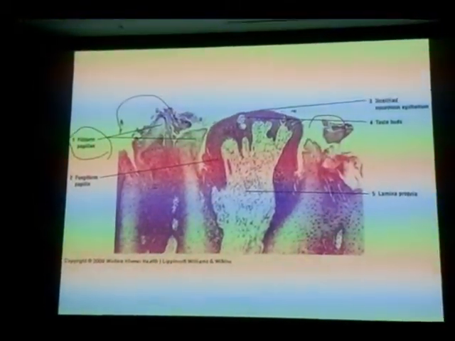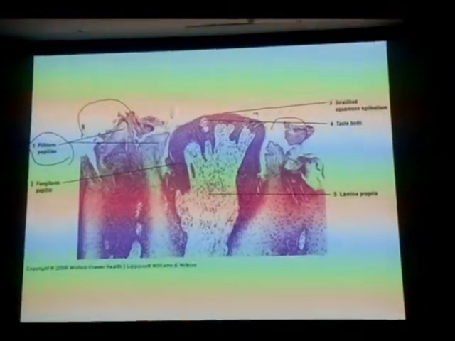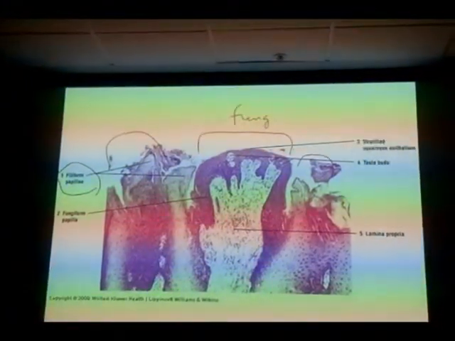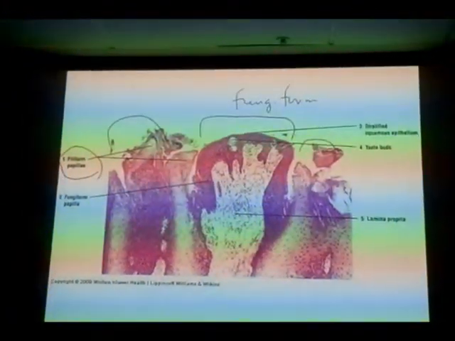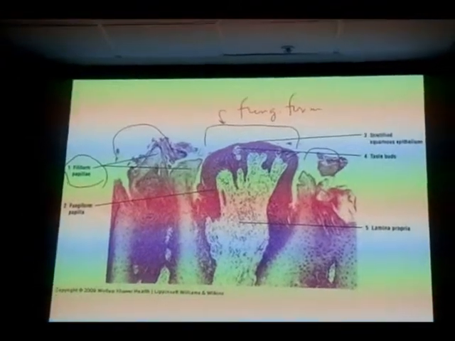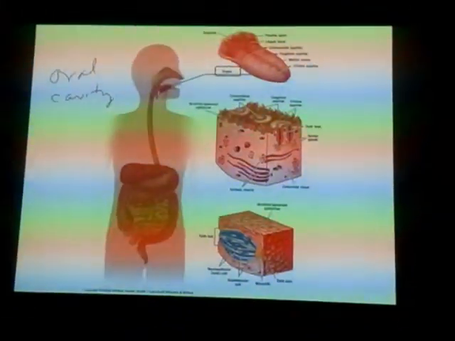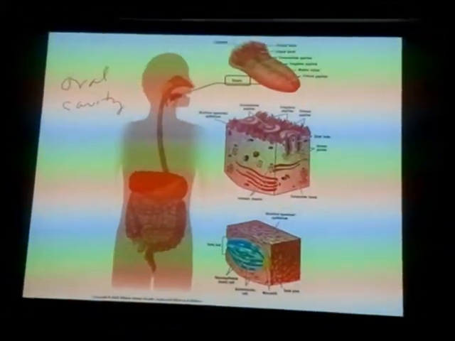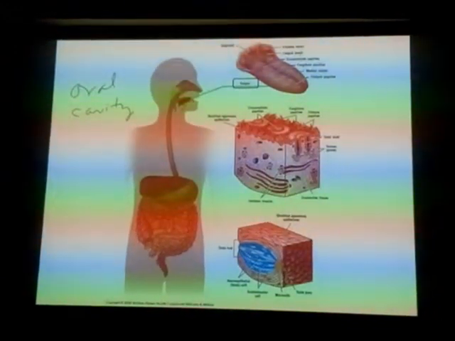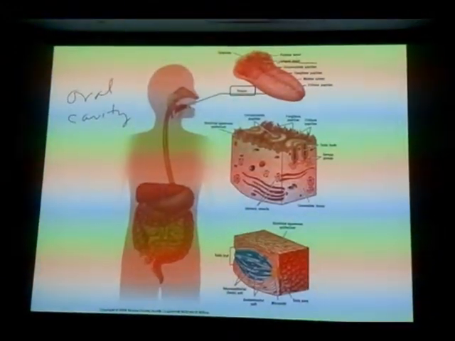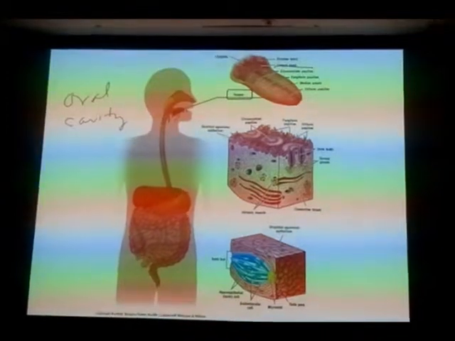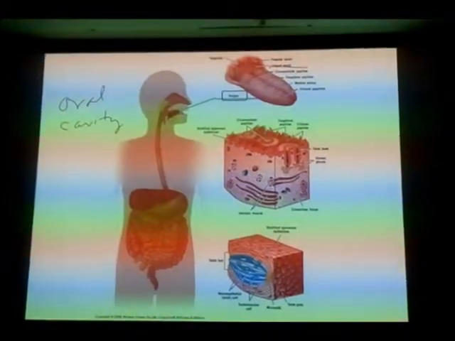Okay, so the filiform papillae are kind of like elongated hairs. Now then you have these others that are shaped like mushrooms, a little flat at the surface. These are the fungiform papillae. You can see them right here. Okay, and of course, then let me go back to this image here, folks. Then you have towards the back of the tongue, which I will demonstrate very shortly, the circumvallate papillae.